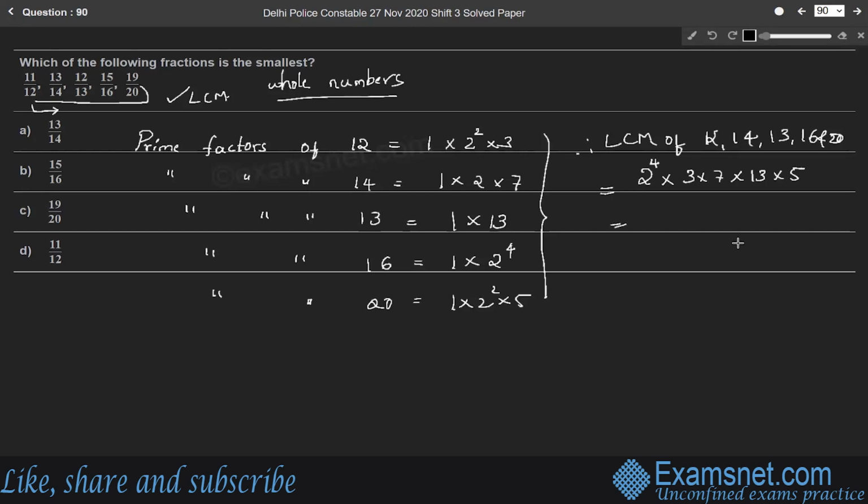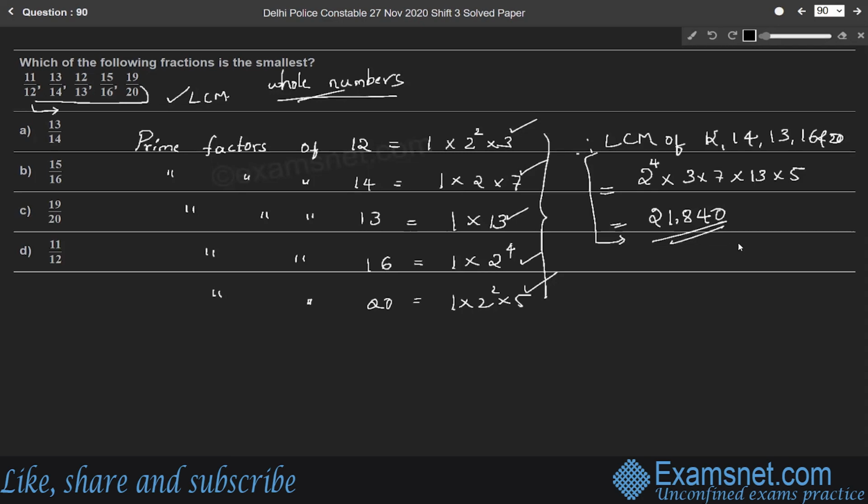Which is equal to 2 to the power of 4, and 3 and 7 are the other multipliers, 13 and 5, right? So which is equal to 21,840. So if we multiply this LCM with each of the fractions, we will convert each of the fractions into a whole number, right?